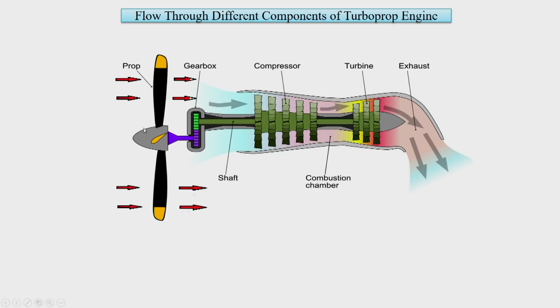Once the turbine rotates, the propeller would run automatically, but propeller speed is less, so we need a gearbox to connect from the turbine to the propeller. That's how we have a turboprop engine, which has the turbine compressor arrangement or gas turbine based power plant arrangement to drive the propeller.